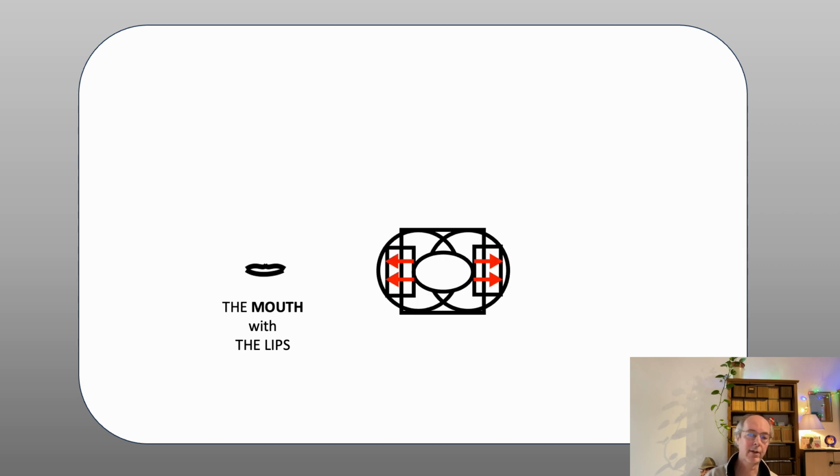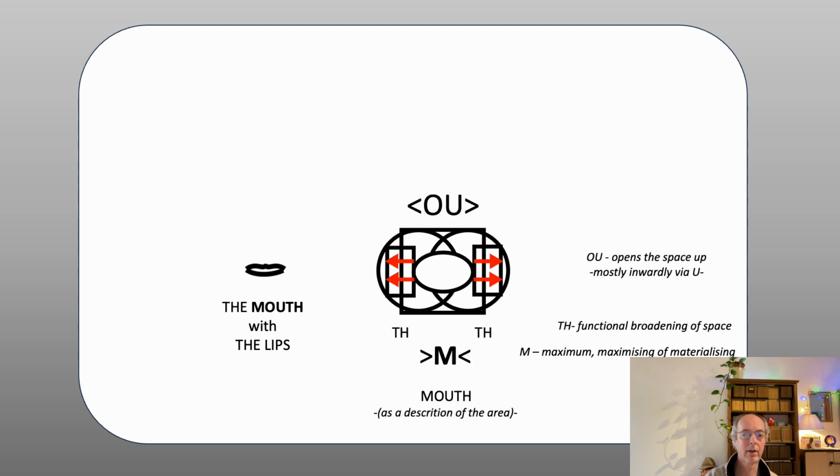Mouth, when I design it, is designed more or less like that, and I will explain it, because the M is like always the square, the maximizing of a form into the square, materializing in its full form. The OW is extending its space now from within.